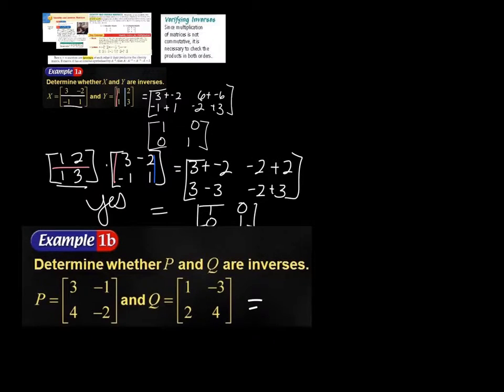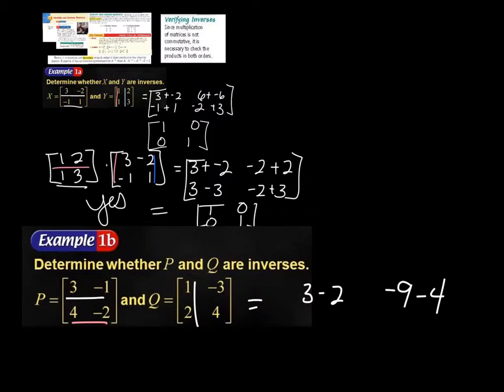Okay, when I take row times column here, 3 times 1 is 3, plus negative 1 times 2 is negative 2. 3 times negative 3 is negative 9, plus negative 1 times 4 is negative 4. Okay, we're kind of done for. I'm going to finish multiplying it because it feels funny not to, but that cinches it right there.